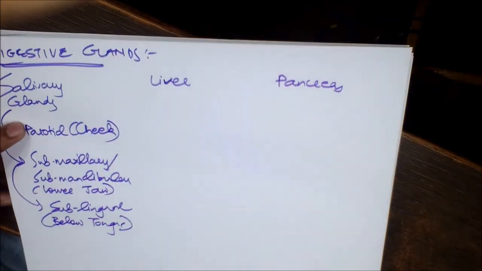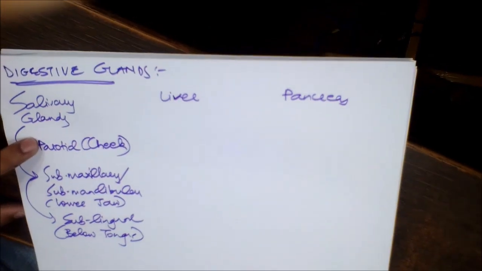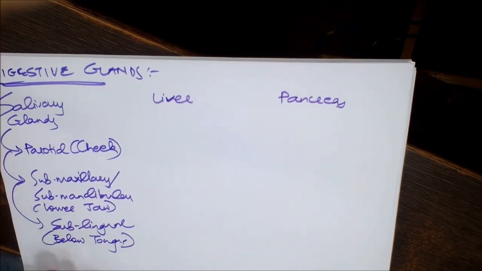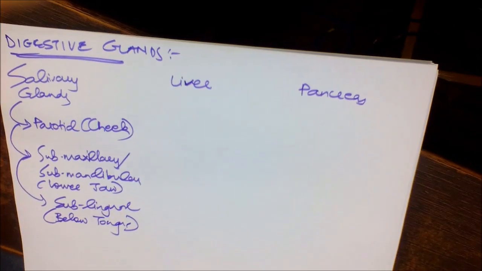These glands are situated just outside the buccal cavity and secrete salivary juice into the buccal cavity, which aids in the process of digestion of food.